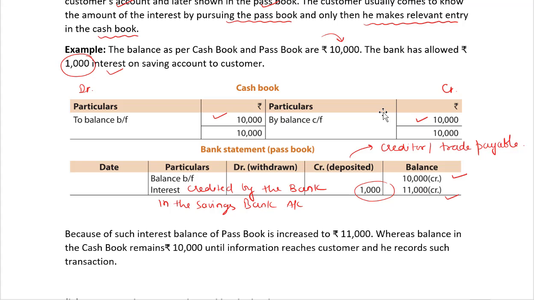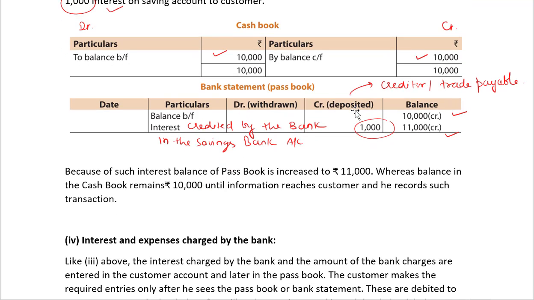Now the customer will come to know about this 11,000, and accordingly he will make the adjustments in the cash book. Just see over here that because of such entry, the balance in the passbook is increased to 11,000, 10,000 plus 1,000, that is the bank interest.